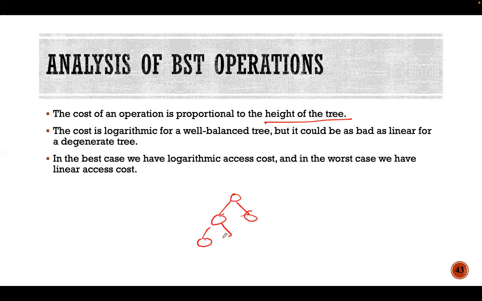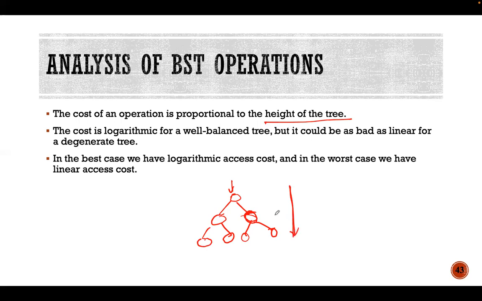If this is a binary search tree, we start from the root, we go either left or right, and from each subtree we go again left or right. So you can see that the number of comparisons depends only on the height of the tree.